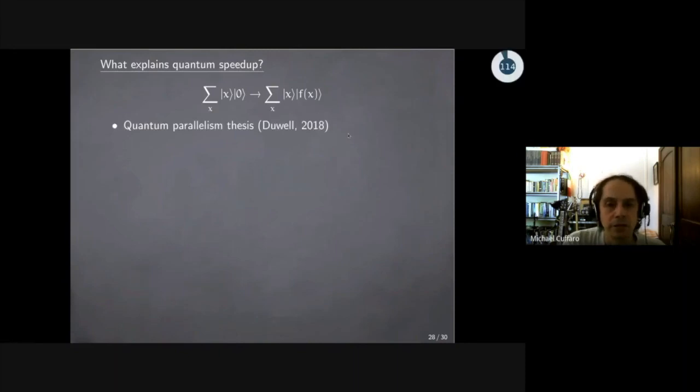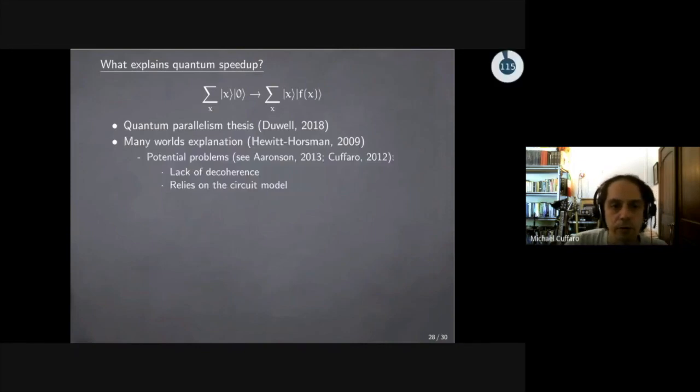And this is the thesis that this is actually what is happening in the computer. That this is literally the case is called the quantum parallelism thesis. And one defender of this thesis is David Deutsch. There's a further thesis, called the many worlds explanation of quantum computation.